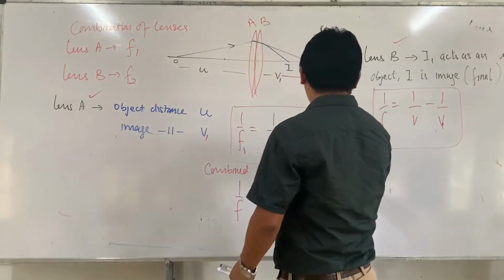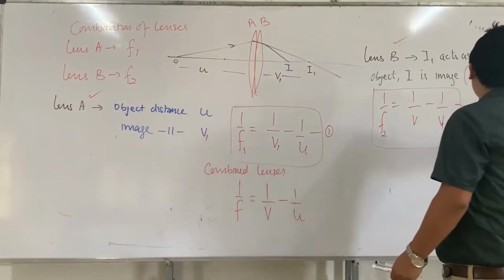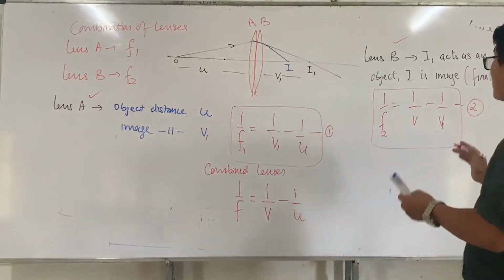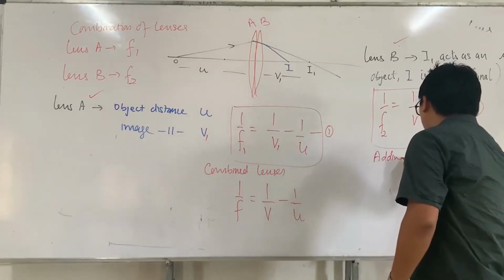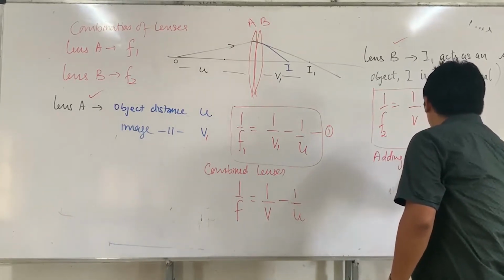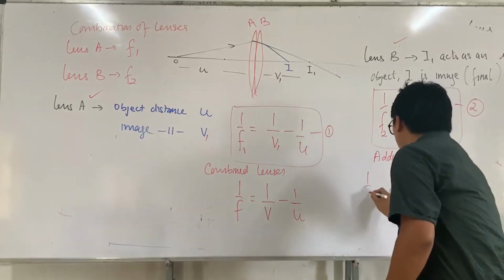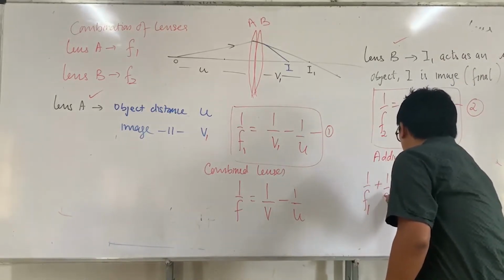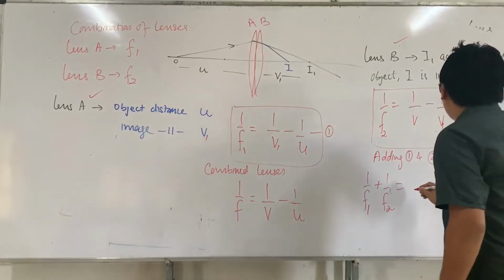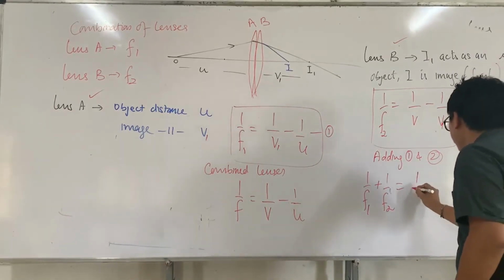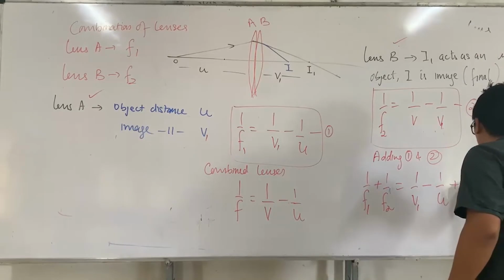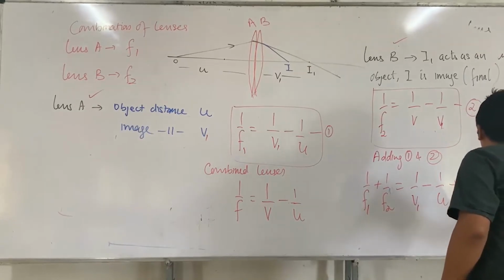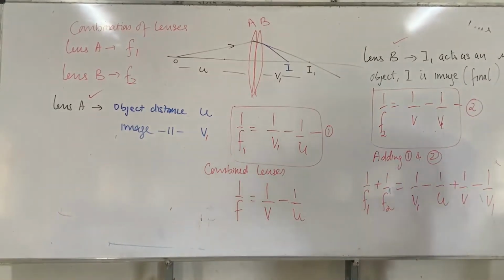Let's say this is equation number 1, this is equation number 2. I add up these two equations, then we will get these equations. Adding equation 1 and equation 2: 1 by F1 plus 1 by F2 equal to 1 by V1 minus 1 by U plus 1 by V minus 1 by V1.